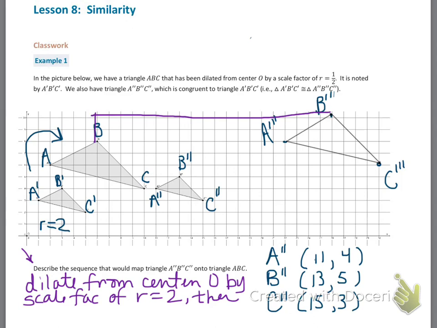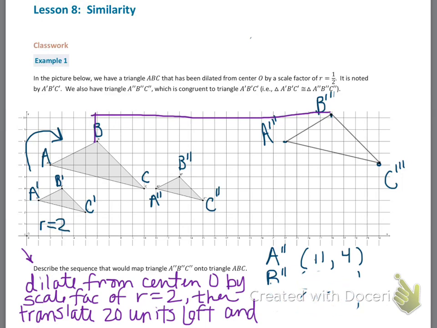Then translate 20 units to the left and 2 units down.